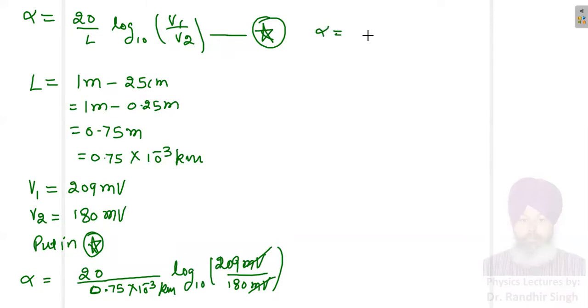So if you solve this, your answer will come out as follows. Alpha is equal to 20,000 upon 0.75 log to the base 10 of 1.161.